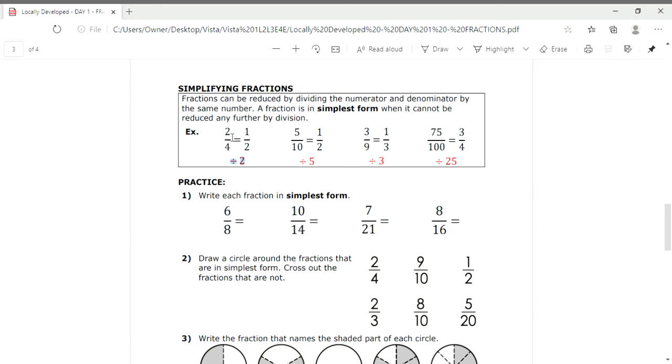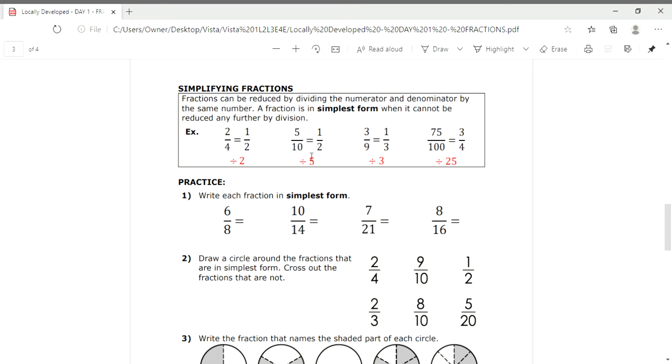If we divide the top, the numerator, by 2, that gives us 1. If we divide the bottom, the denominator, by 2, that gives us 2. So the fraction 2/4 is the same as 1/2, but 1/2 is in simplest form.